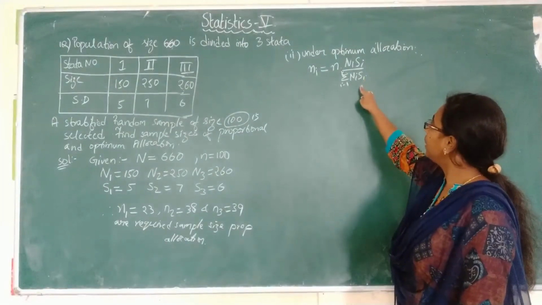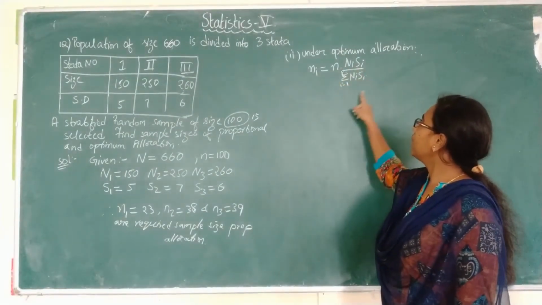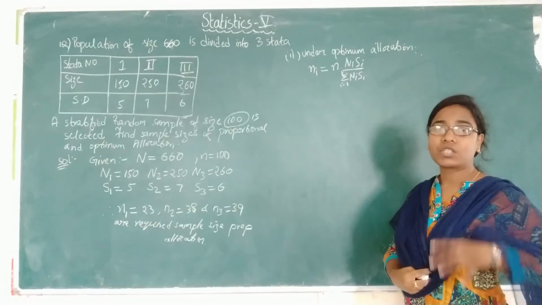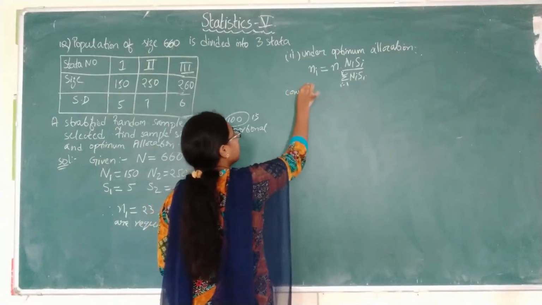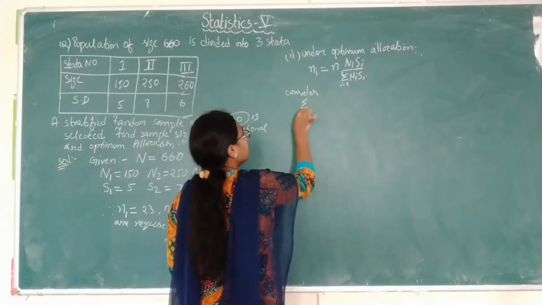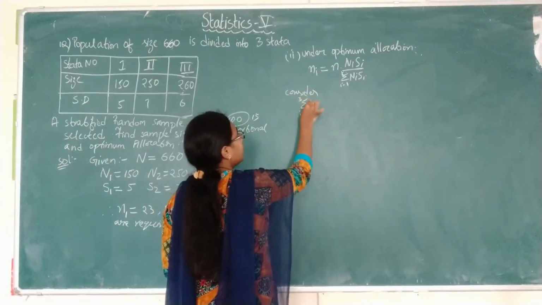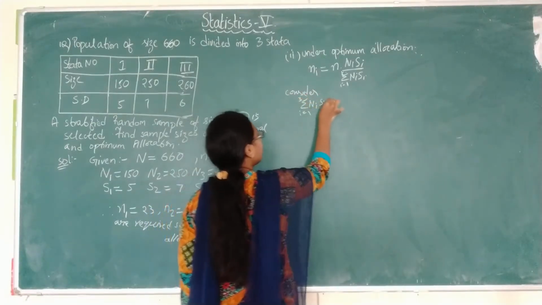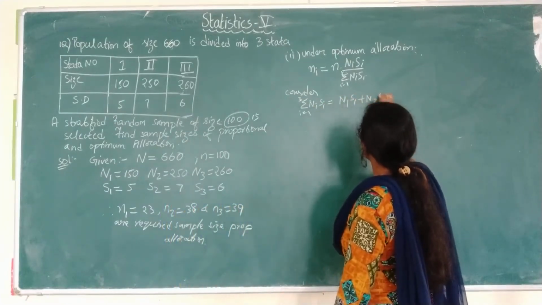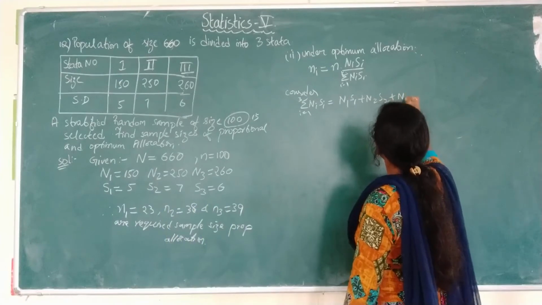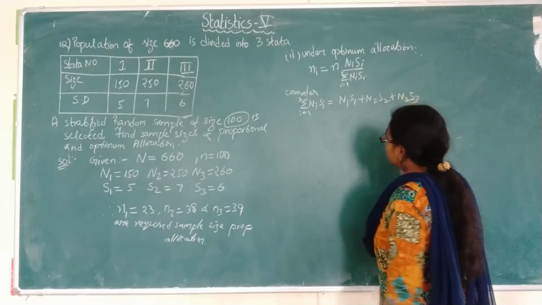So before finding this, first I will find the denominator value, as it is constant for all the samples. So consider summation over i equals 1 to 3 of NiSi, that is N1S1 plus N2S2 plus N3S3. Substitute the values.